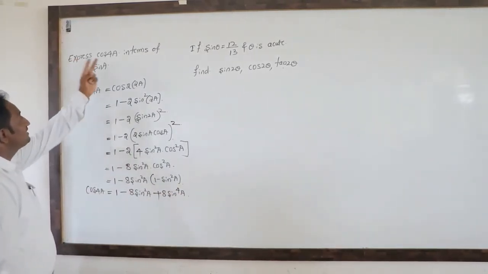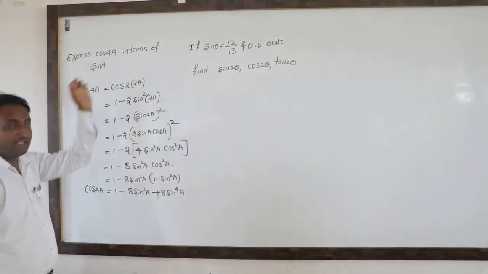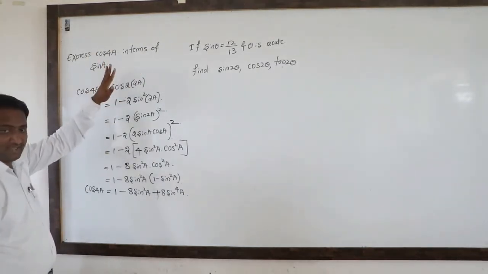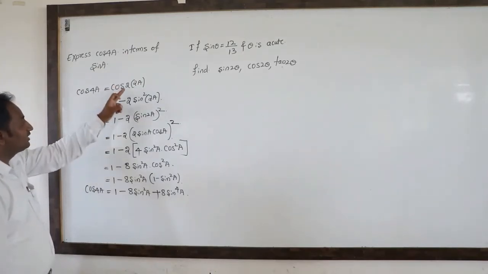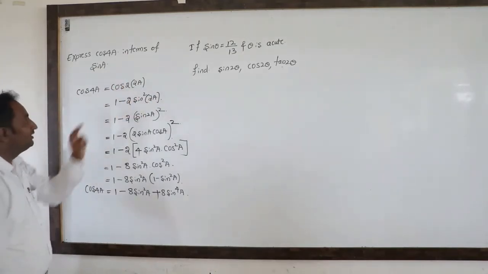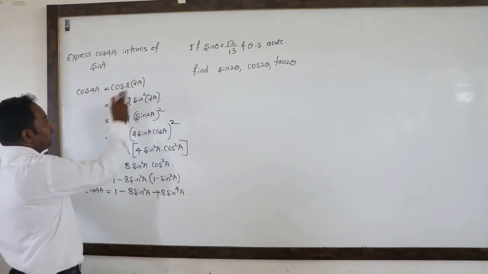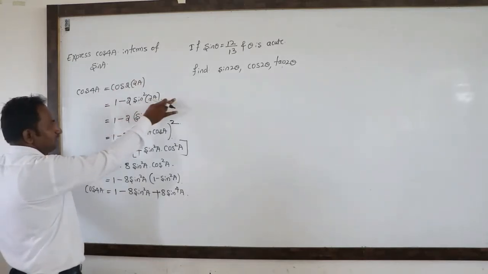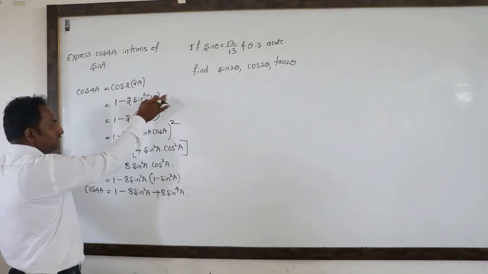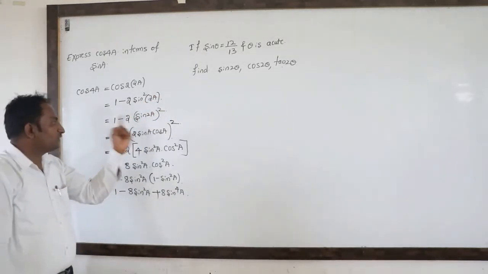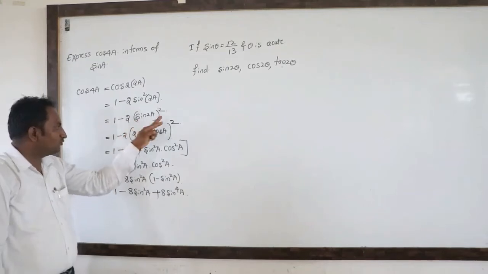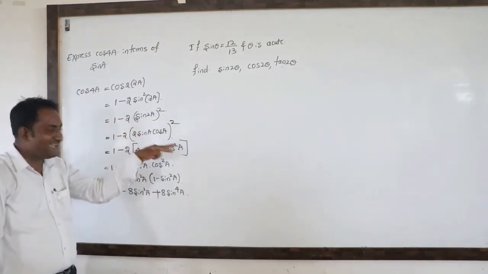Consider expressing cos of 4a in terms of sin a. Cos of 4a is written as cos of 2 into 2a. Already we know the formula 1 minus 2 sin square 2a. Here sin square 2a is written as sin 2a whole square. We know the formula sin of 2a is equal to 2 sin a cos a.